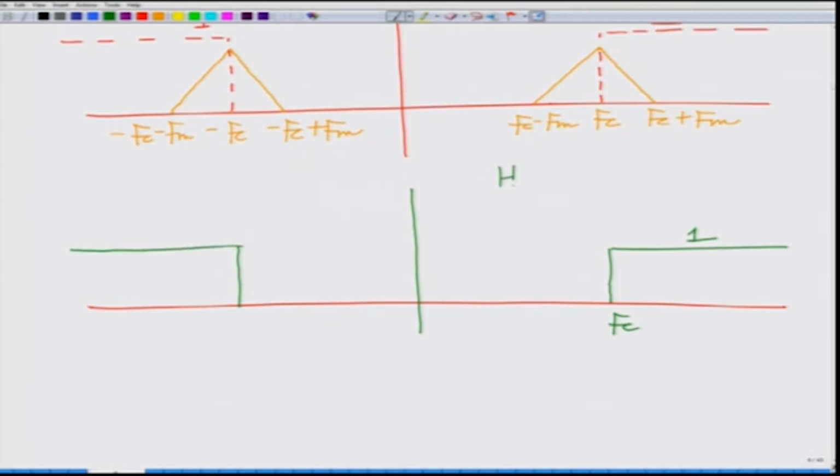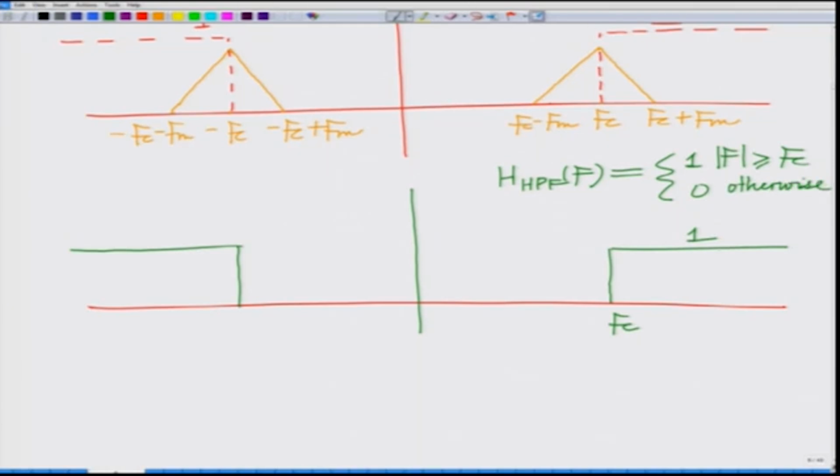So, this is my high pass filter, more specifically the spectrum of my high pass filter, which is equal to 1 when magnitude of f is greater than or equal to Fc and 0 otherwise.